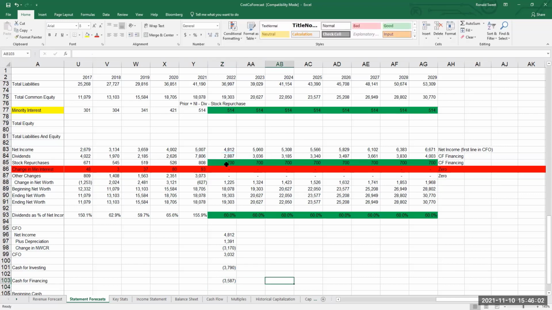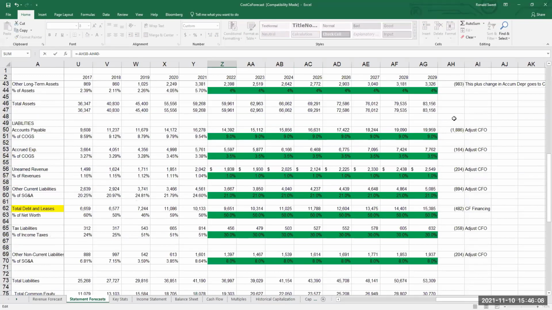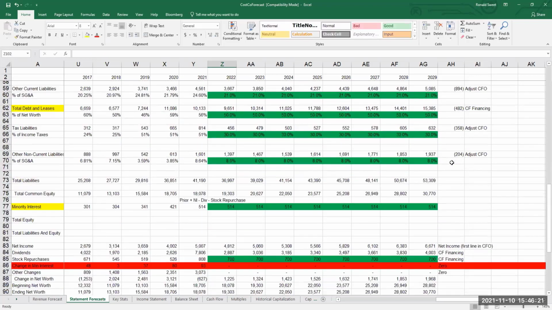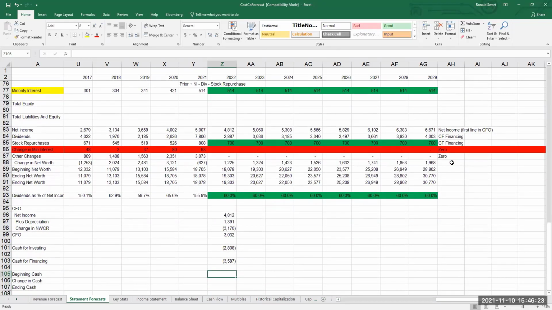What else do we have? We had one other for investing, didn't we? We had the other assets. I don't think I'm in. So that declines, so that means we must have sold something. I have no idea, so we'll see.